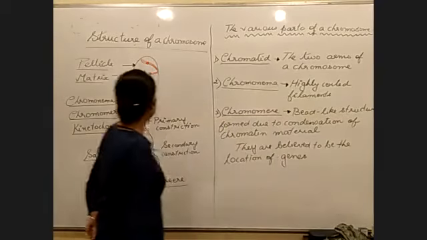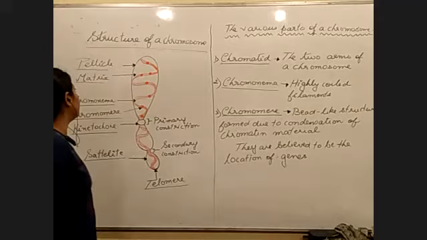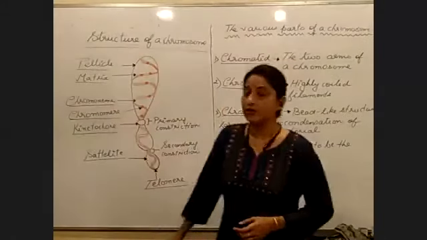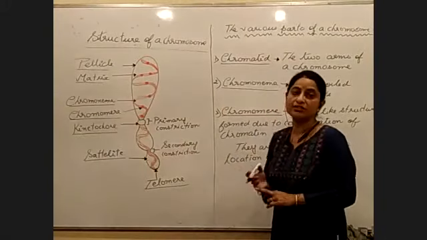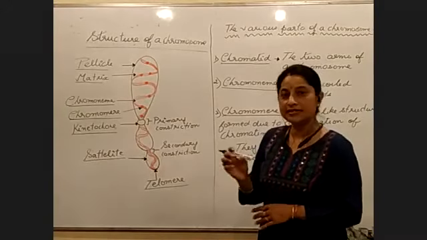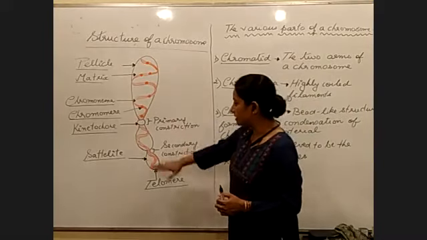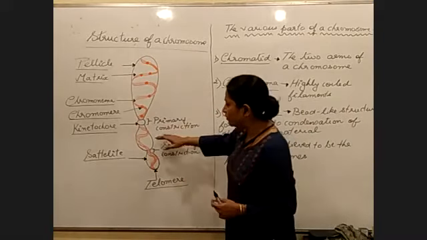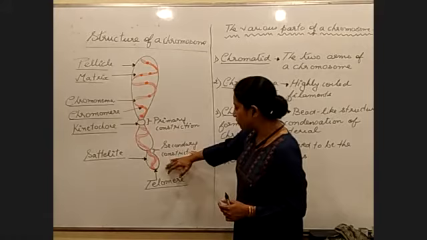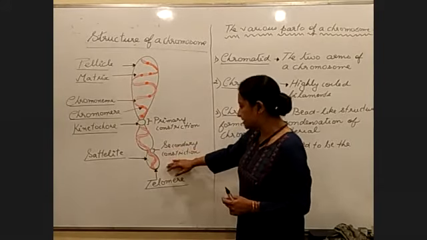If you're talking about the structure of the chromosome, in the last class we have drawn a rough structure and talked about what a centromere is and what a chromatid is. These are the things we have already completed. In the chromosome we have shown two constrictions, the primary constriction and the secondary constriction.